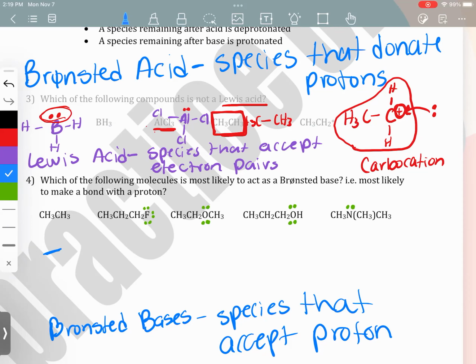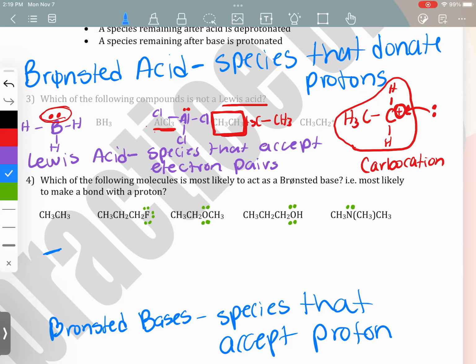So now, what do you think we have to pay attention to in order to figure out which of these non-bonding pairs is going to react with the proton? Their electronegativity? I have no clue. Electronegativity would play a part, yes.